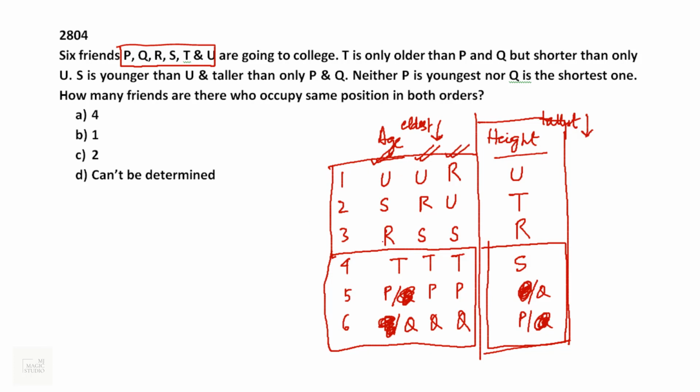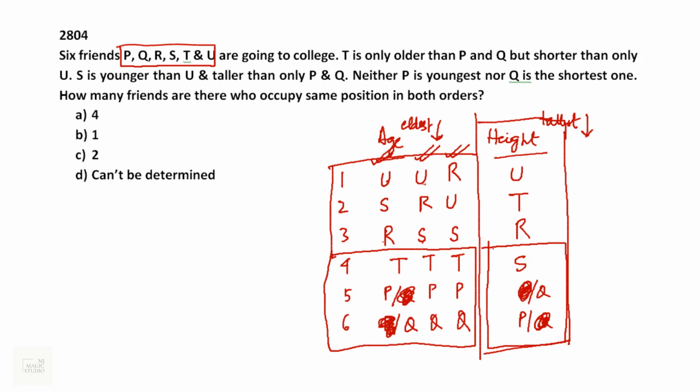If I take the first one as correct, then two of them are at the same position. If the second one is correct, then one of them is at the same position. If the third one is correct, then no one is at the same position.